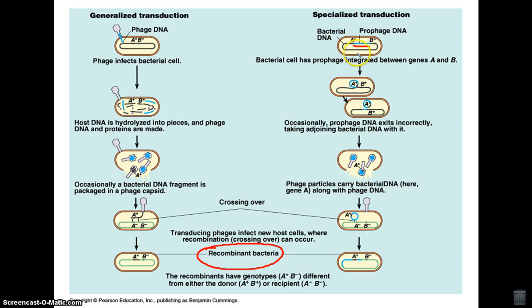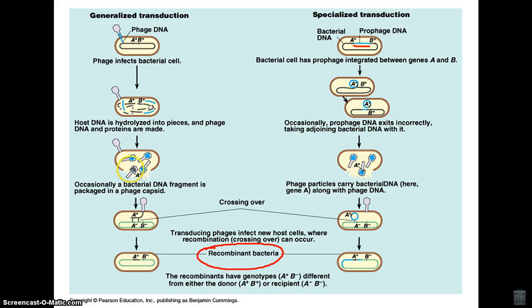Specialized is similar, and here is when the viral prophage is incorporated into the bacterial cell, and we may have, again, here's the A+ gene, and now when the new phages are made, occasionally a prophage DNA exits incorrectly, taking a joining bacterial DNA with it.